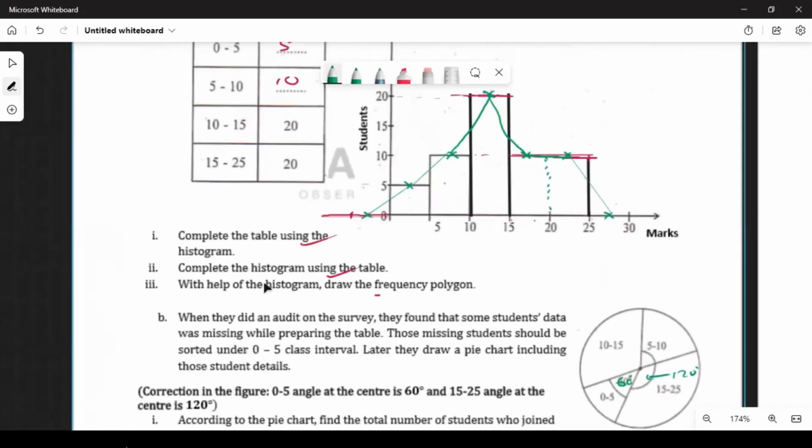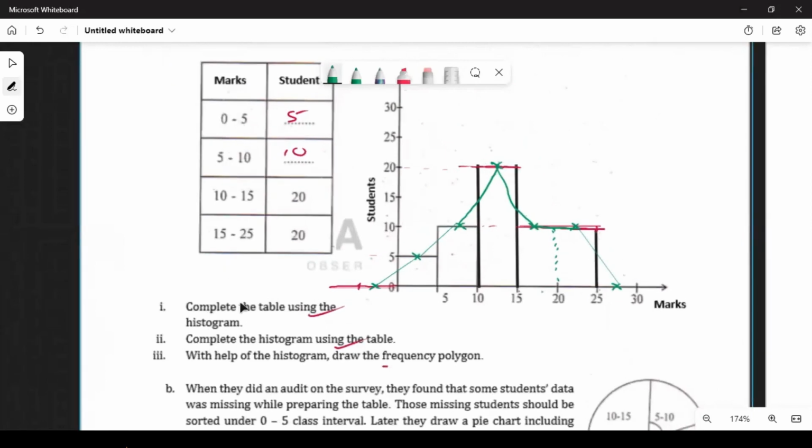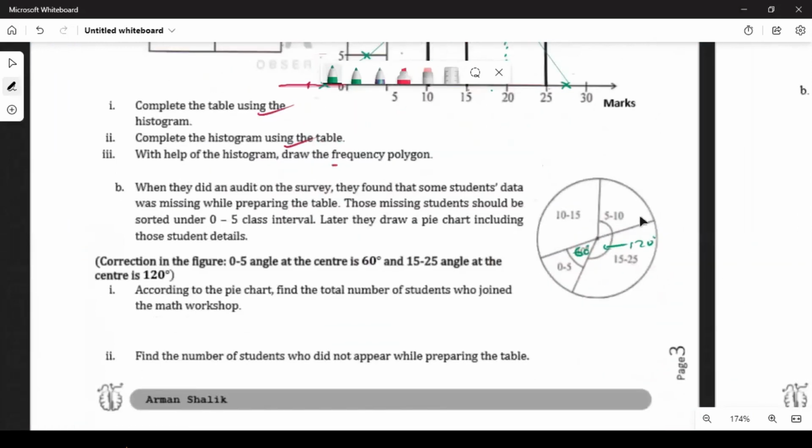They are saying the mistake was in the 0 to 5 class interval. All the other class intervals are okay. So this section has 20 students, no issues with that, which means 120 degrees denotes 20 students.